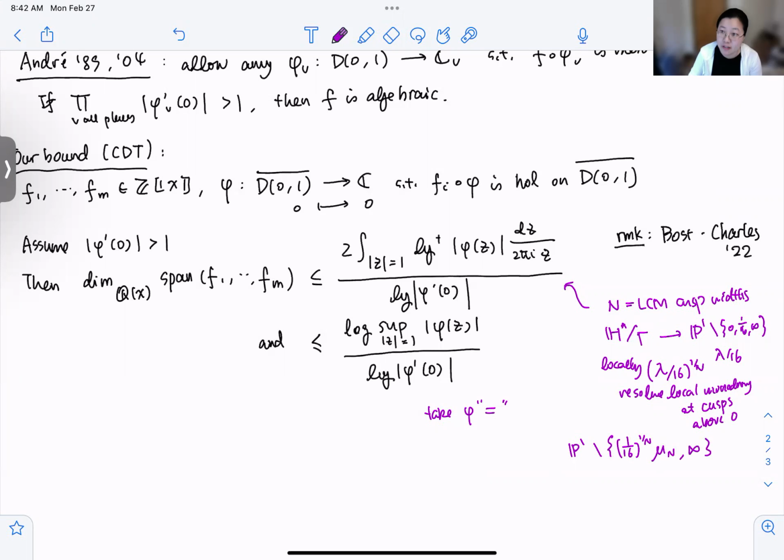But now 0 is no longer a singularity, we already resolved it. So phi would be the universal cover.